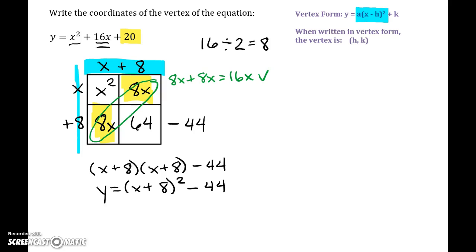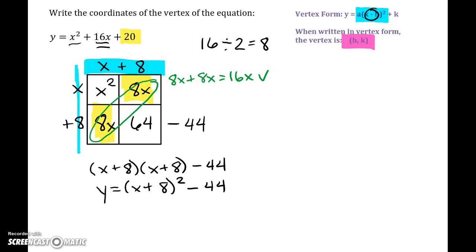So if we use the information that we looked at earlier, and remember that the vertex in vertex form is (h, k), I can see my equation has an h value not of 8, but of negative 8. And the reason for that is because our general vertex form right here has a minus.